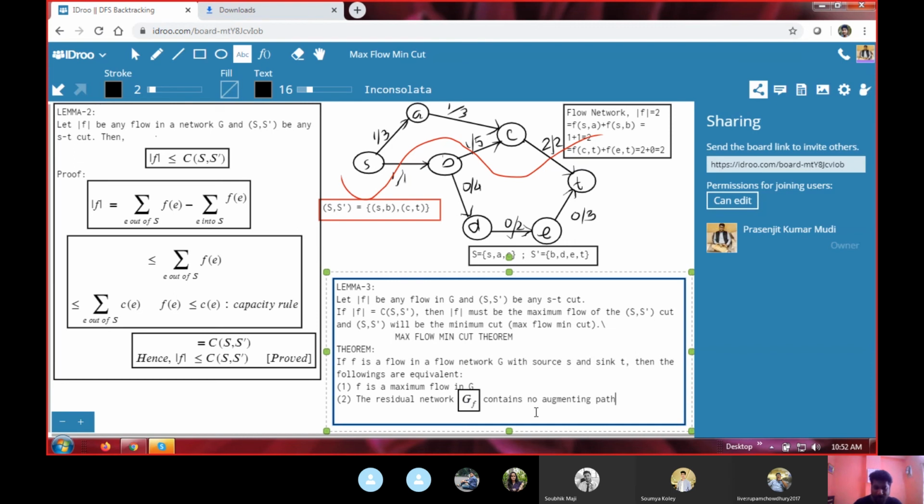And the third statement is, mod f is equal to capital C of S comma S prime, which is the third lemma, for some cut S comma S prime.